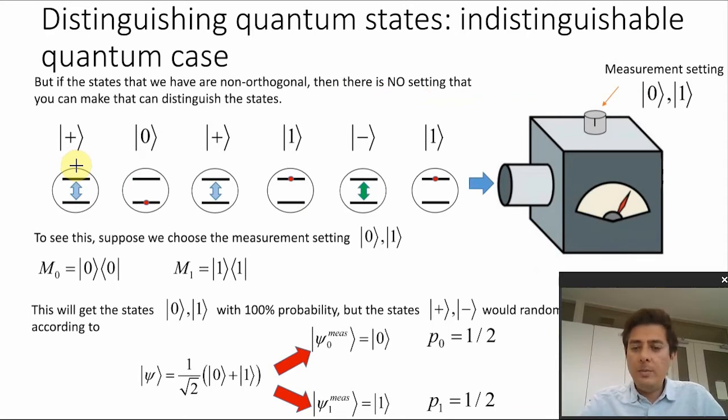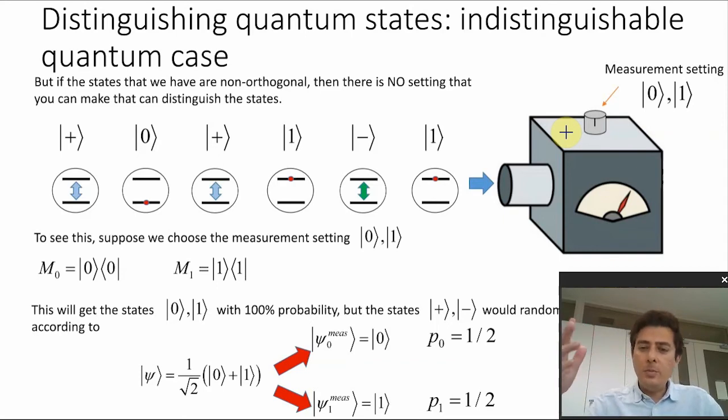We've got a mixture of all four of these types of states: pluses, zeros, minuses, and ones. We're going to feed them into this box, but this box only has one knob. There is no knob to distinguish all four cases. You can either set the measurement between 0 and 1 and distinguish those perfectly, or plus and minus.